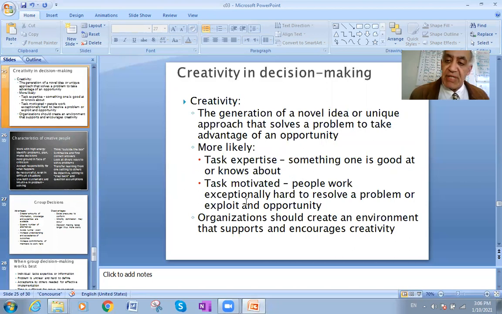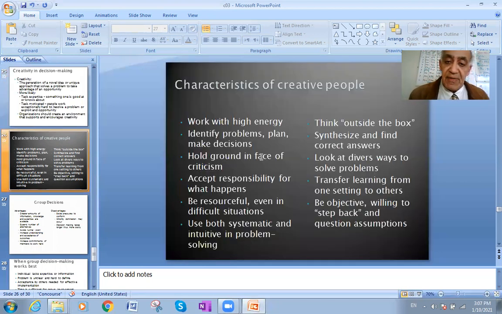But still, I want to tell you something. Sometimes we have to have creative decision making, which depends on people who have good conceptual skills and can give also good results. Those are the creative people which we're talking about.